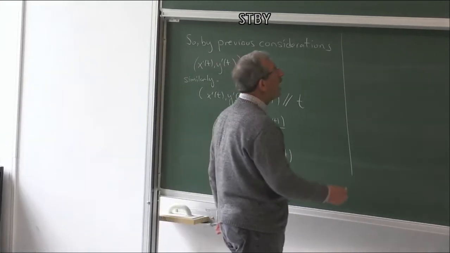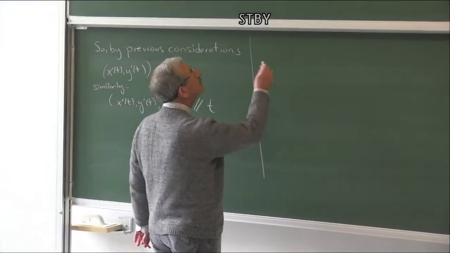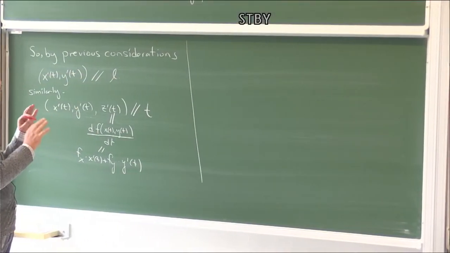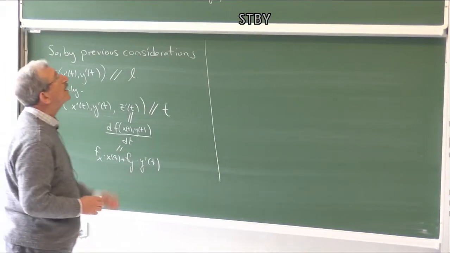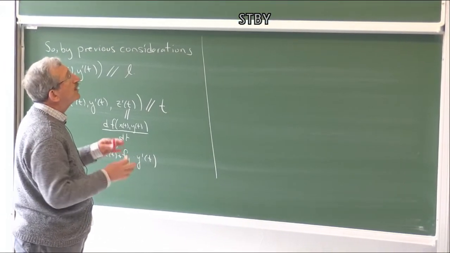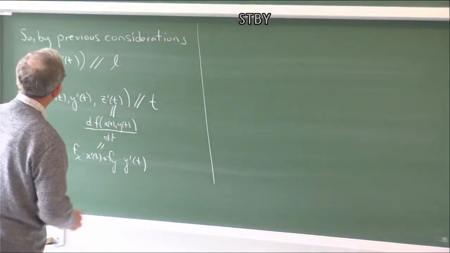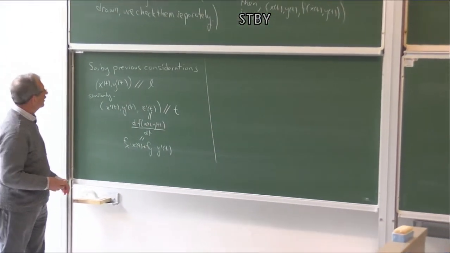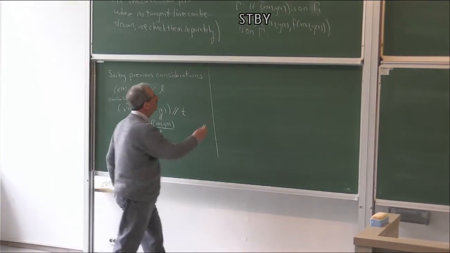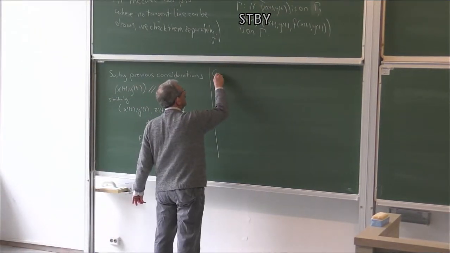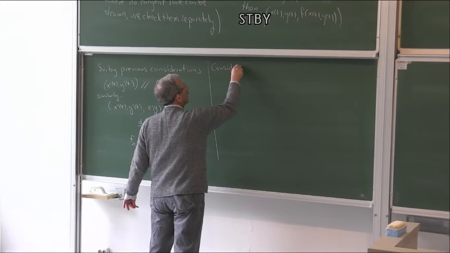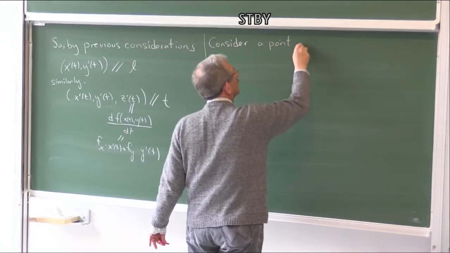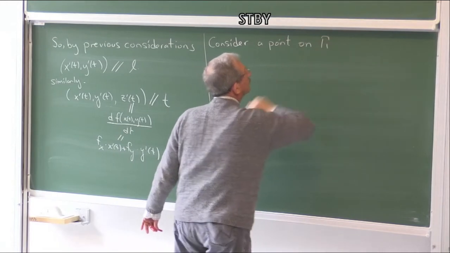Well, now let us start from the curve in plane. Now, h of x y is 0, and so this is a vector parallel to L. Okay, but we also have the following. Now consider a point on gamma 1.